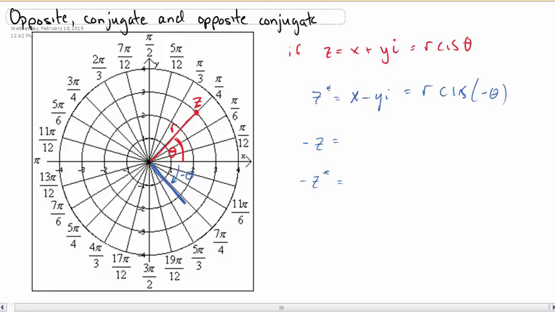Opposite of z, that would be down that direction. That's opposite. We'd have negative x minus yi. That's a third quadrant complex number. So we have r still, cis, there's that theta that we have. It's that much bigger than pi. So pi plus theta. And then the opposite of the conjugate would be back over here.